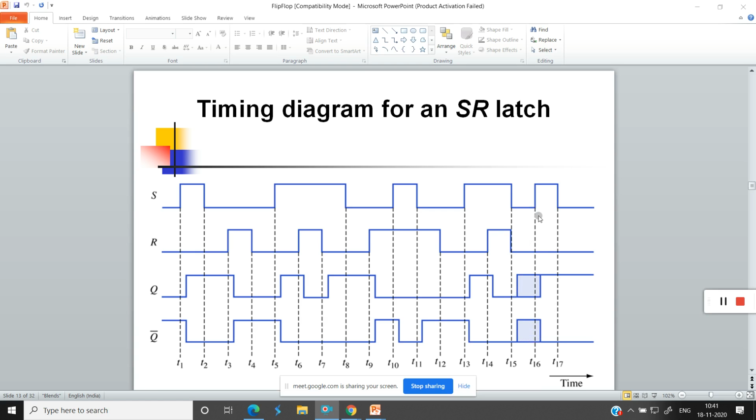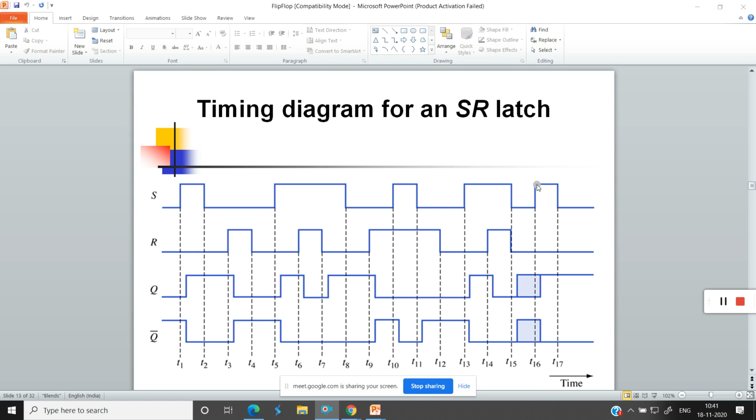When S suddenly becomes 1 here, it will try to go to the set state. Until both are 0 without simultaneous change, it may be in logic 0 state or logic 1 state, maybe in the set state, maybe in the reset state.